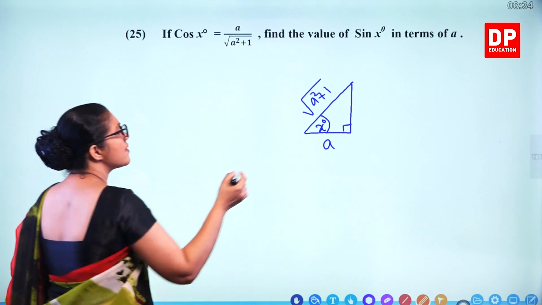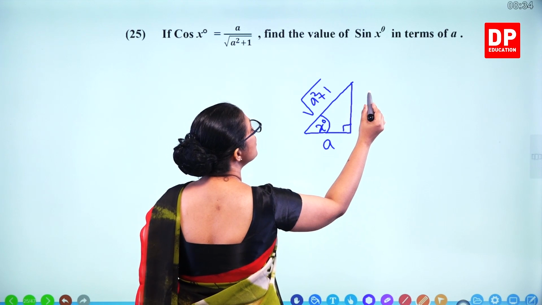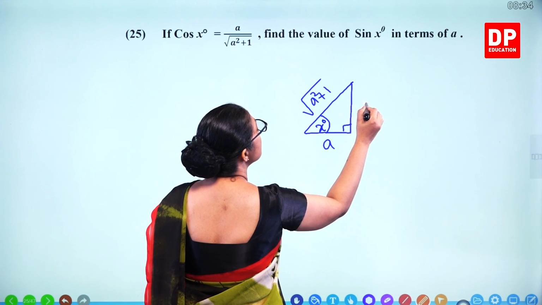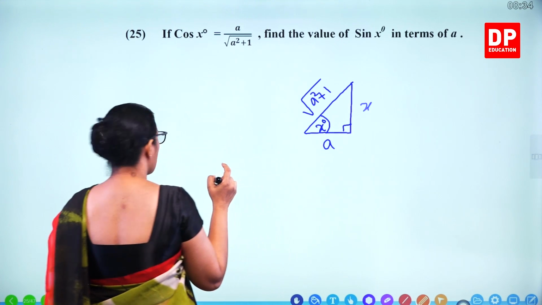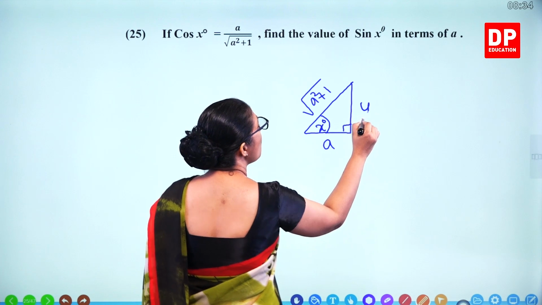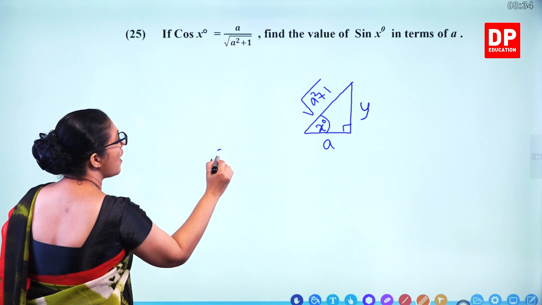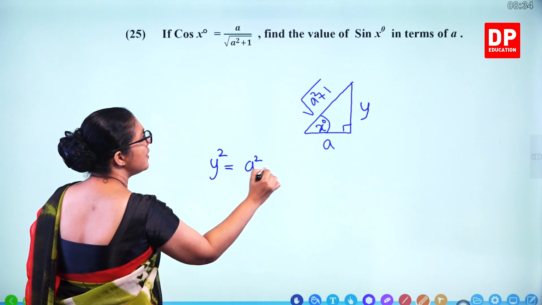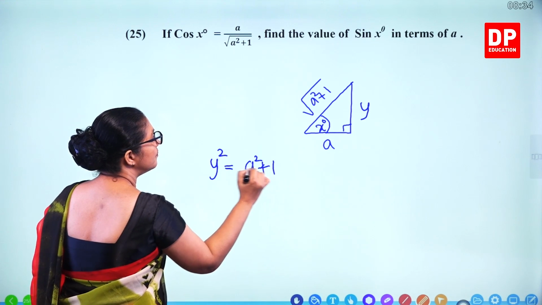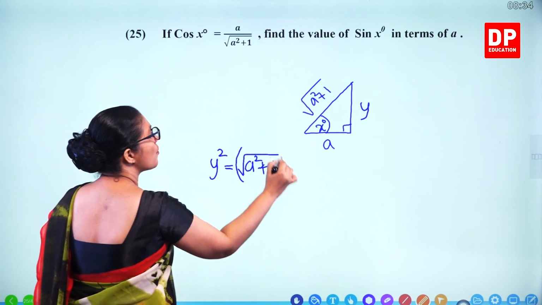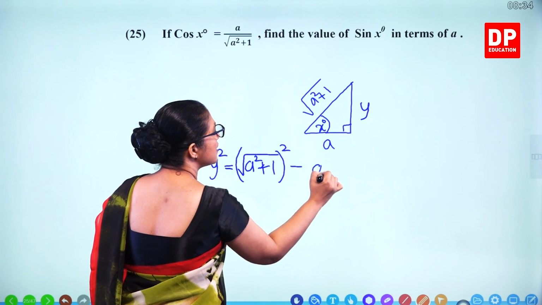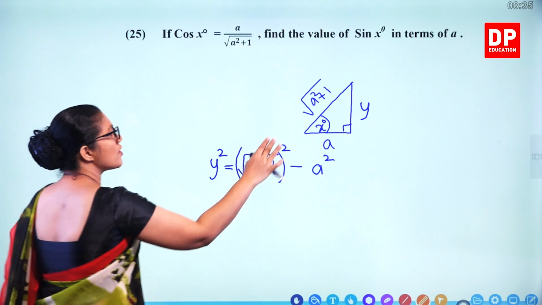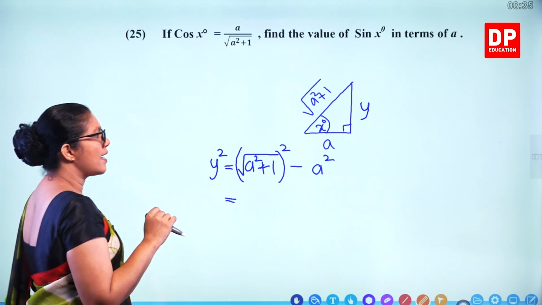So use Pythagoras Theorem. Don't use x because x is there. y. So y squared is equal to hypotenuse squared minus other length squared, because hypotenuse is the longest side.